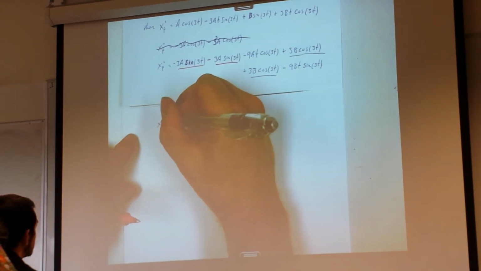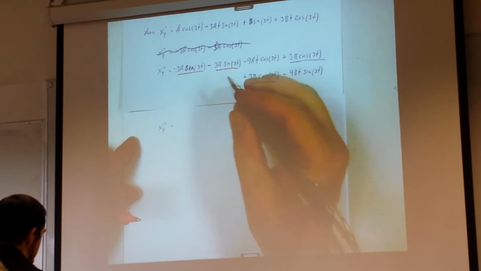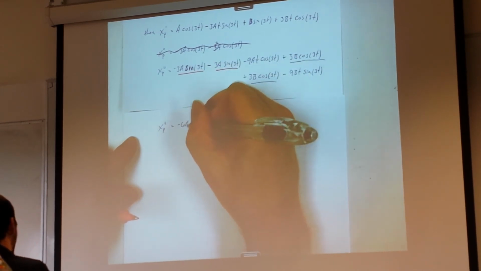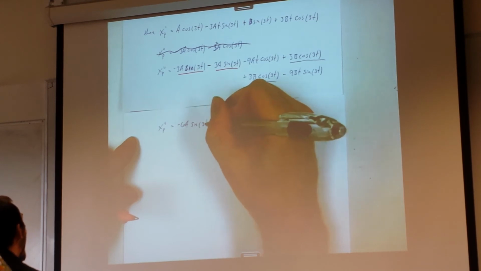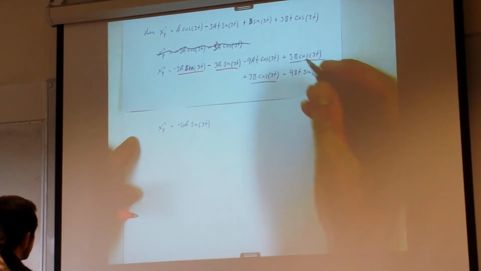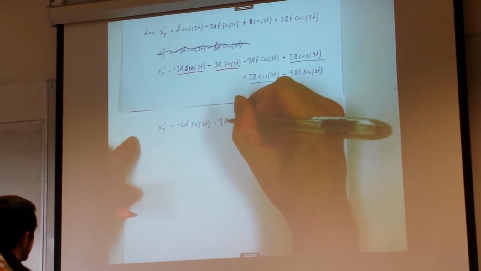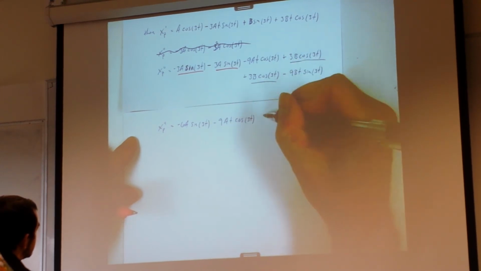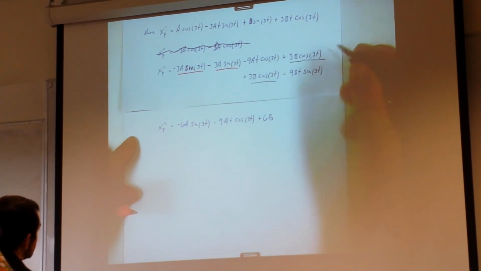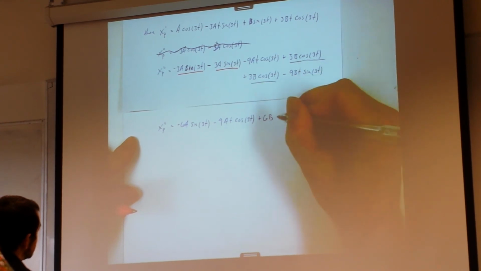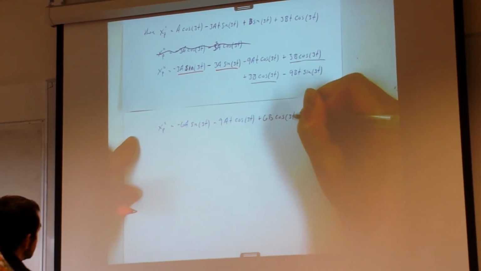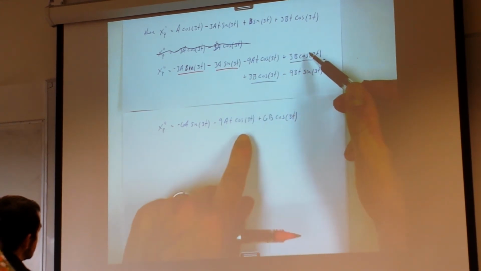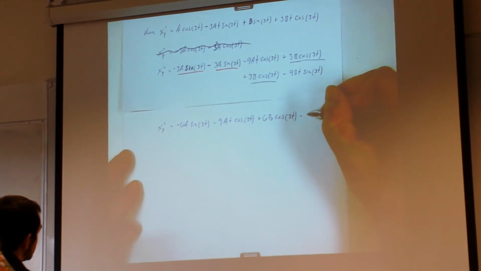So in other words, xp double prime equals negative 6a sine 3t minus 9at cosine 3t plus 6b cosine 3t. So that takes care of that one. And minus 9bt sine 3t. Okay, so that's the second derivative.